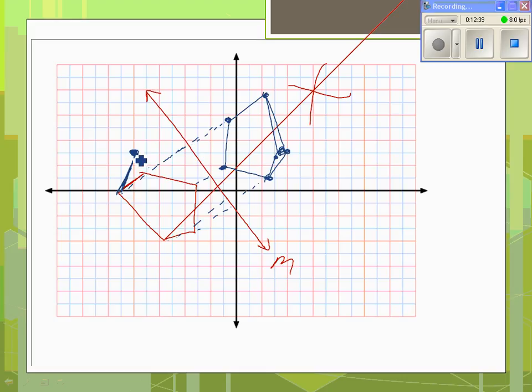Connect that point to the point you're rotating it around, and you want to go 60 degrees, maybe counterclockwise. So we want to go from this point back this way, the same distance, 60 degrees counterclockwise. That point's going to go right to there. Then you do the same thing with this one, 60 degrees, and it ends up somewhere over here.